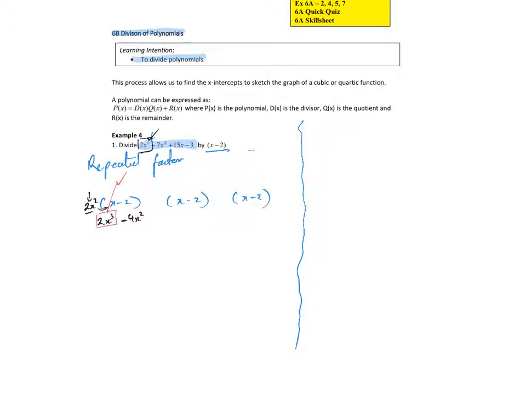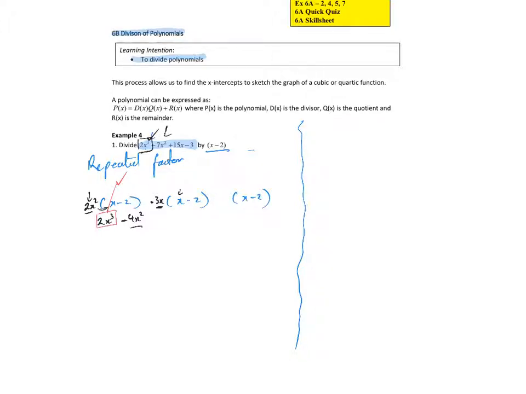Because then what I'm going to do is have a look at this negative 4x squared and then compare that to the negative 7x squared that I've got up there and say, okay, I've got negative 4. I need another negative 3x squared. So what do I multiply this x by to get negative 3x squared? Which in this case is going to be negative 3x.